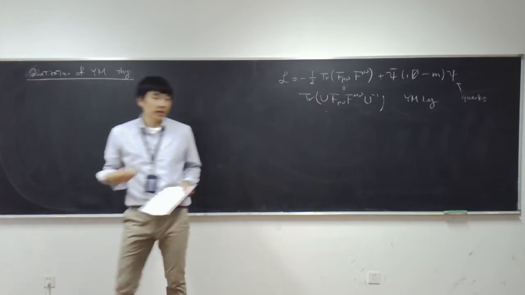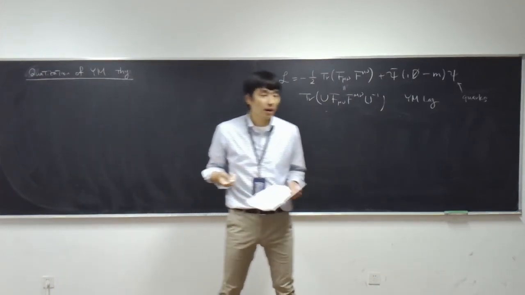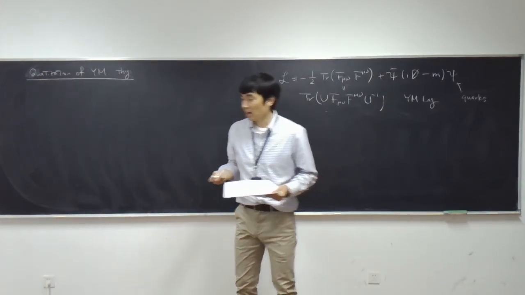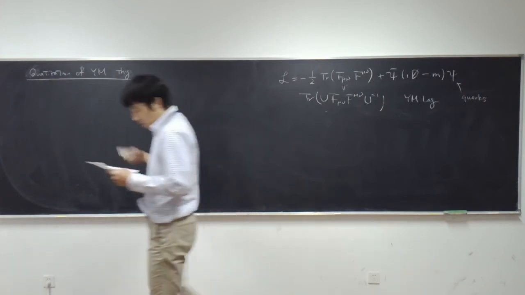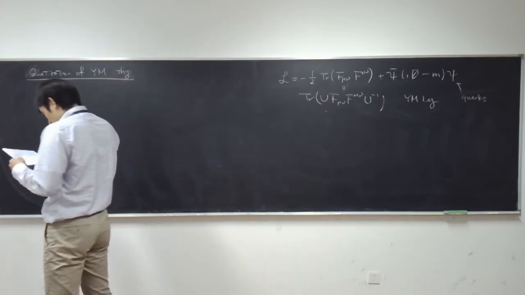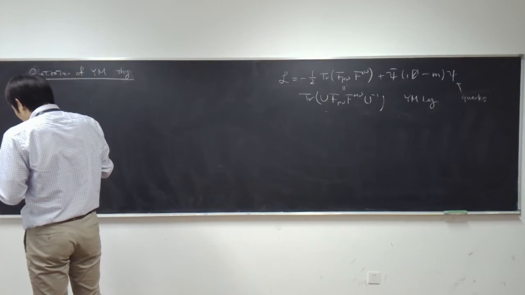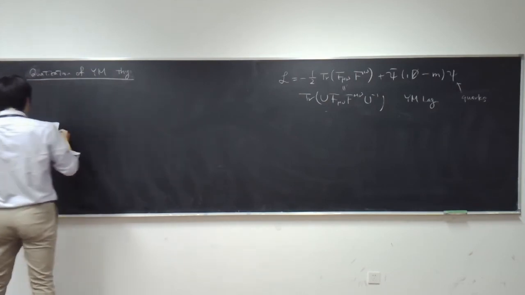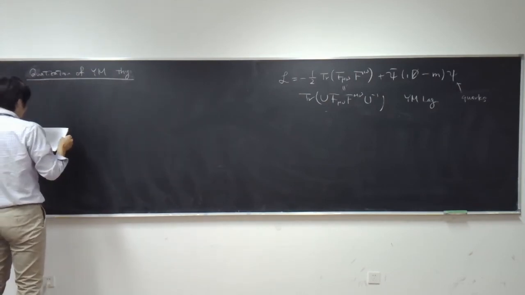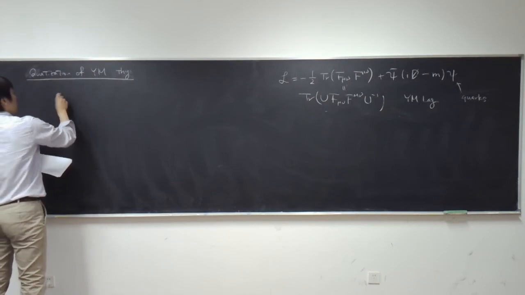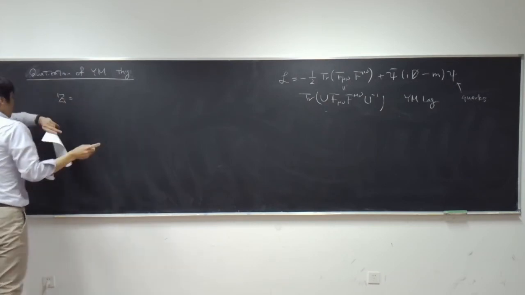And I already explained the quantization of the electromagnetic Lagrangian via path integral, so we will follow the method. So first, as I mentioned last time, the Lagrangian path integral Z.